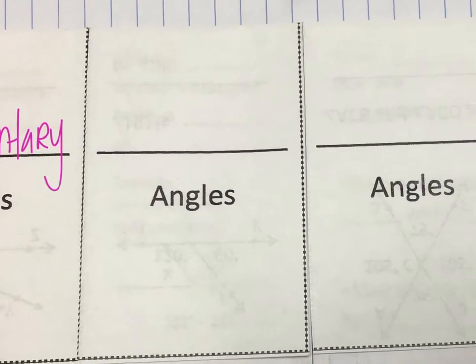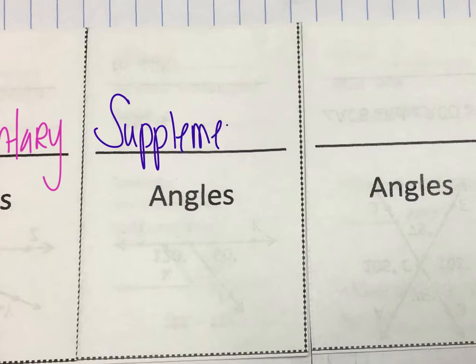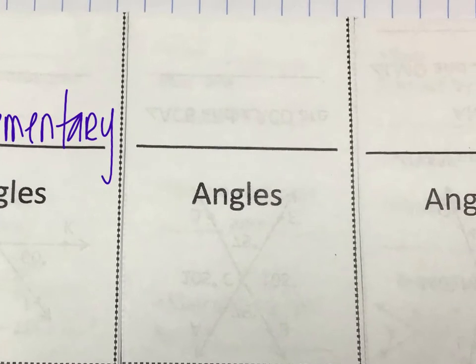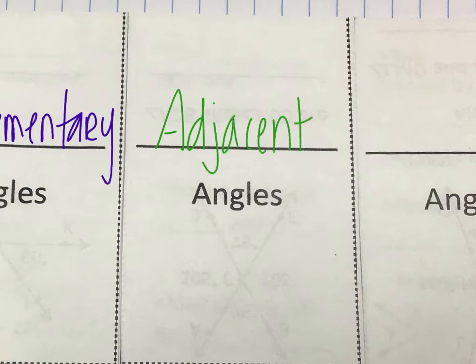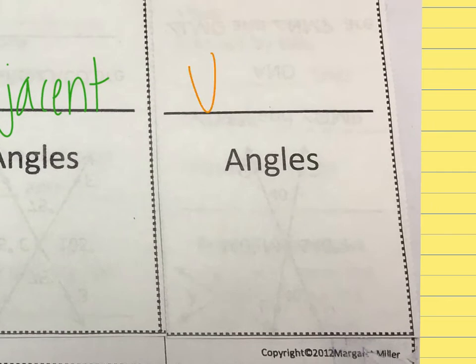The second flap is going to be supplementary. The fourth flap is going to say adjacent. And the last flap is going to say vertical.